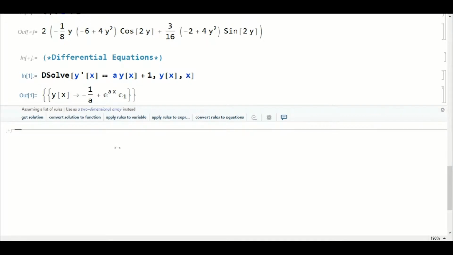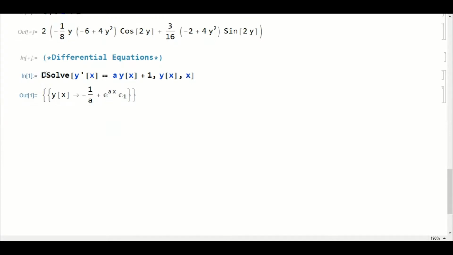If you want to write boundary values, it is written like this. You have to keep a curly bracket around the expression, your equation, and then after the equation a comma, and here I am keeping the initial condition y of 0 equal to 0.